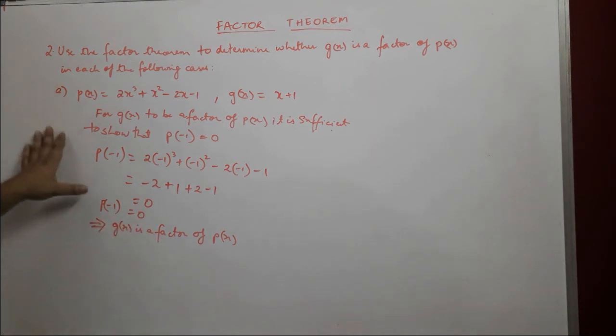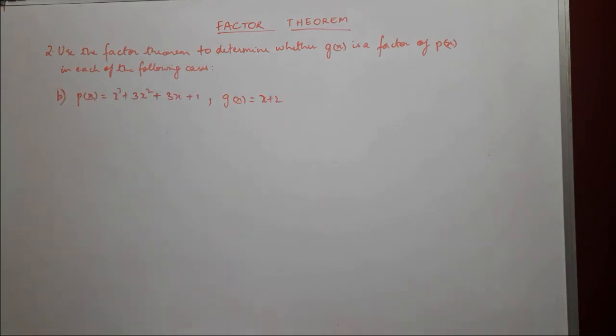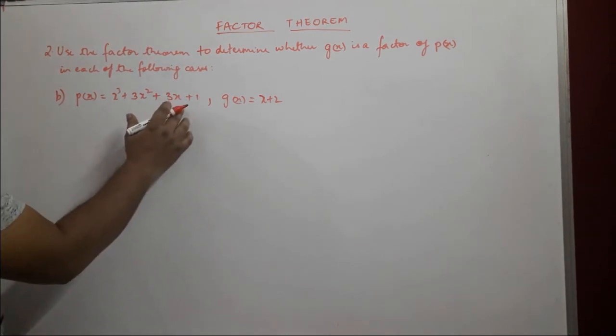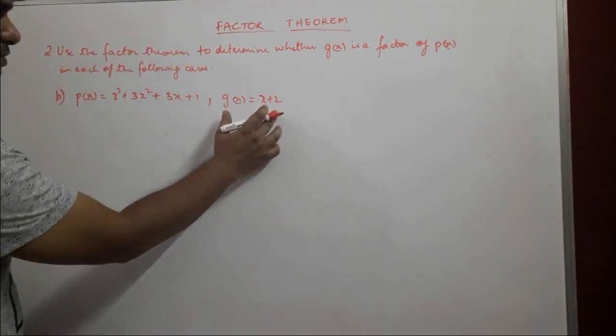Got it? So let's go to the second problem. The next problem says p of x equal to x cube plus 3x square plus 3x plus 1 and g of x is x plus 2.